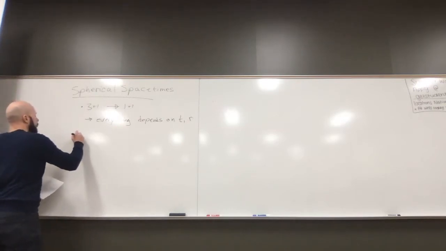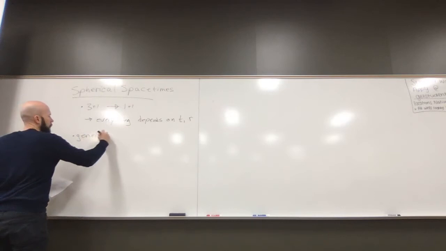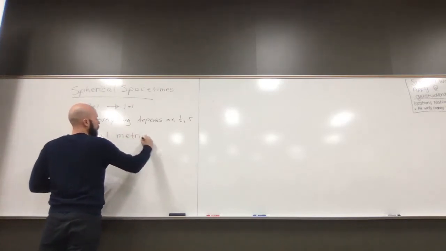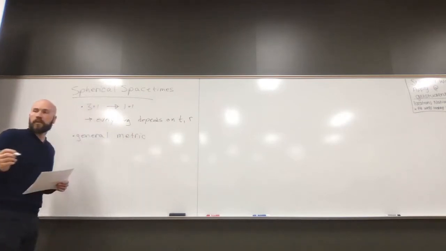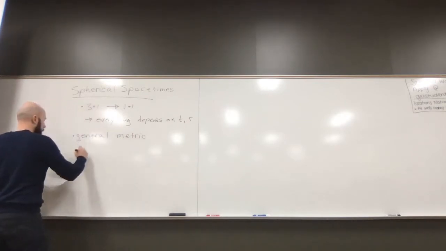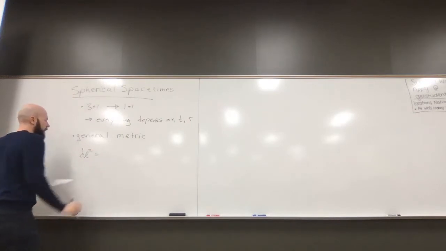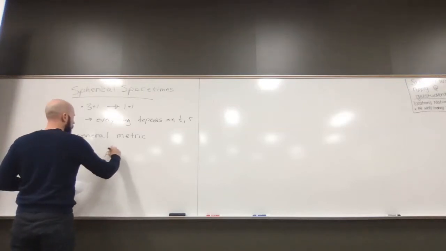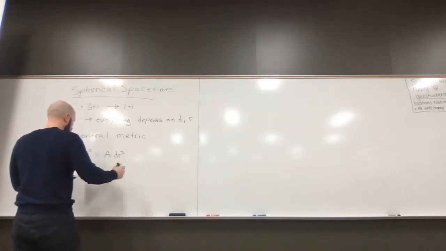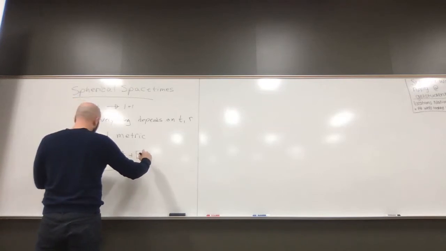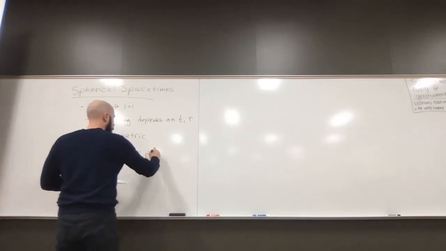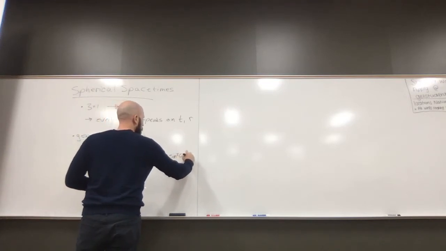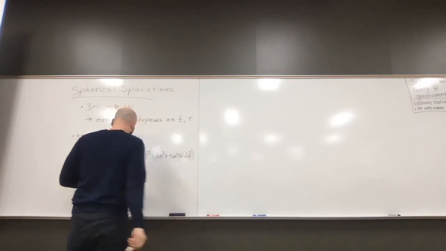Our general metric that we'll use, and we'll use this as sort of our starting point for constraining once we pick our gauges. The line element, I'm dropping the time dependence here, so I'm calling this dl squared. This is the spatial line element, is equal to A, which is some function that we'll talk about, dr squared plus capital B r squared all times d theta squared plus sine squared theta d phi squared.